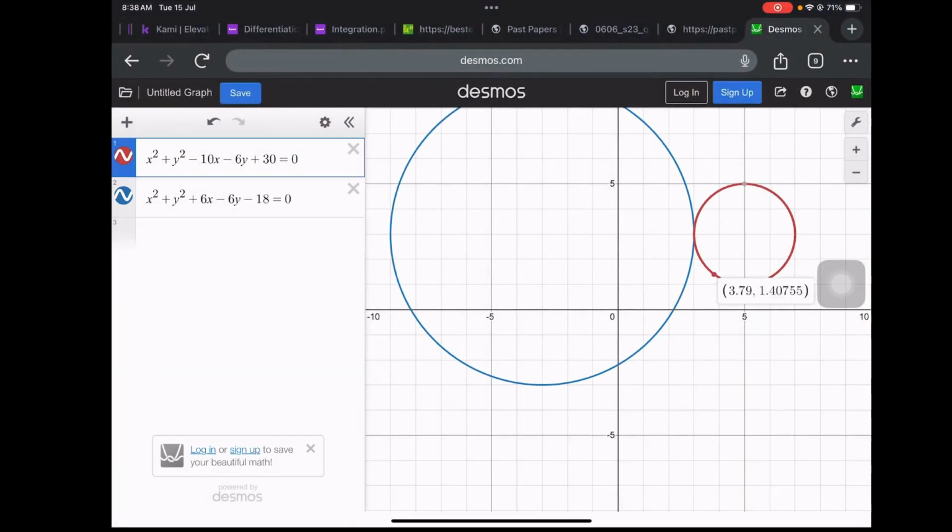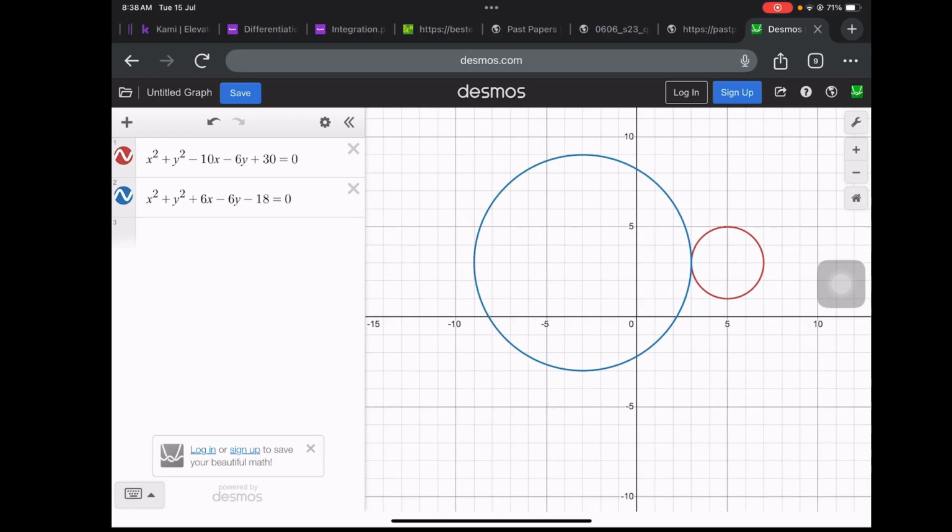You see the circles? They actually touch each other and they are outside. So this is what they want to show. This is what we are trying to show.